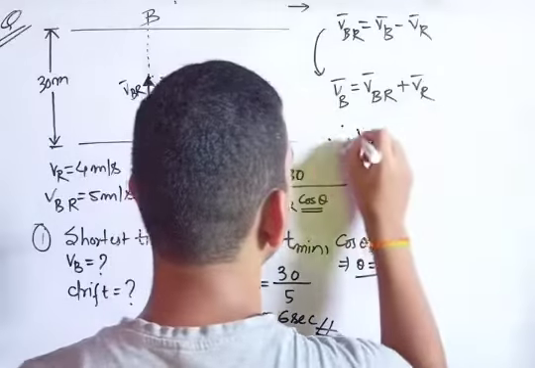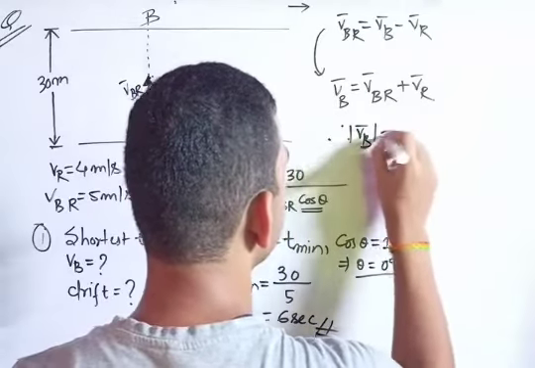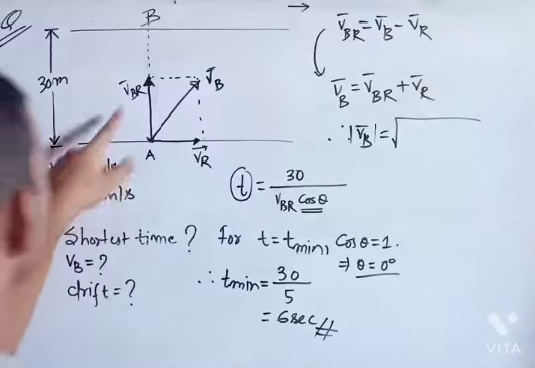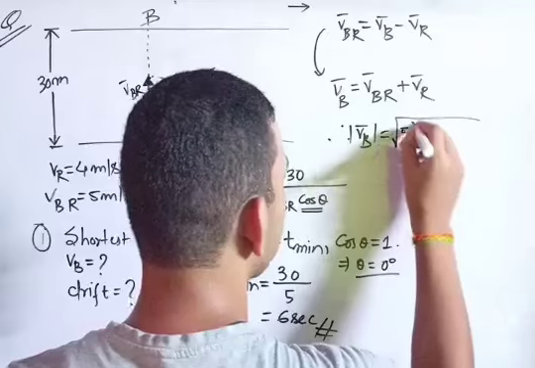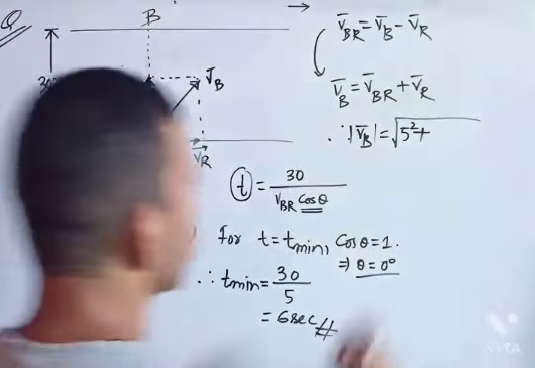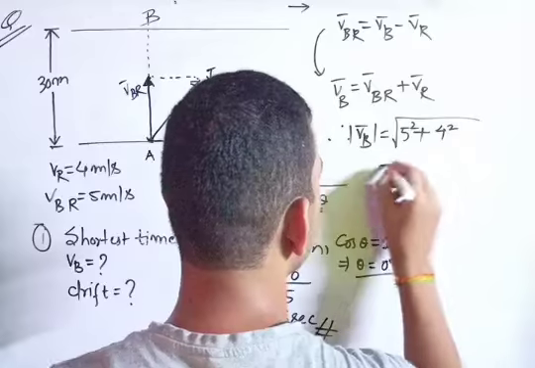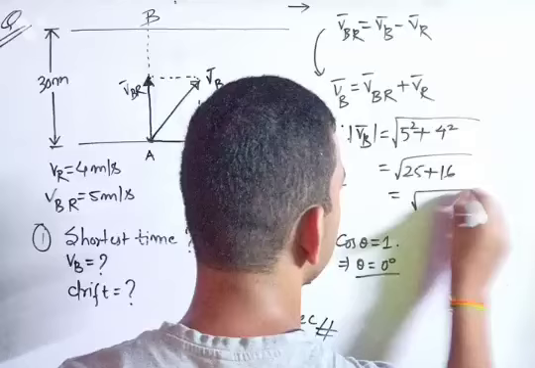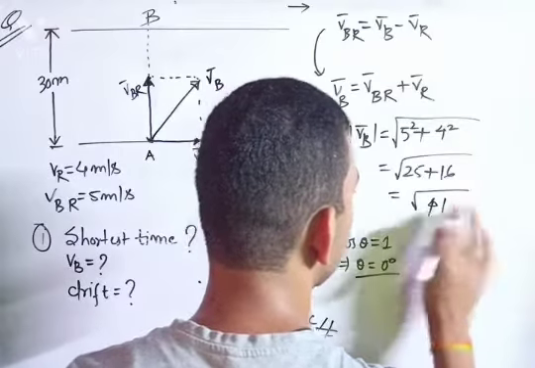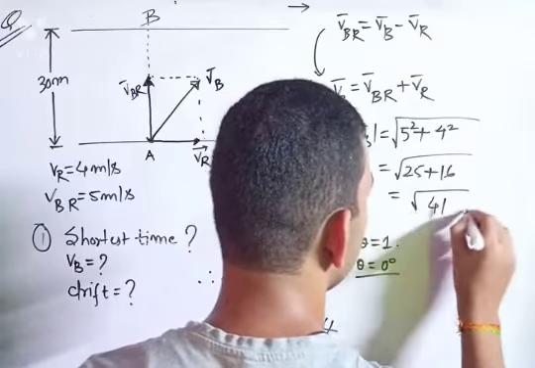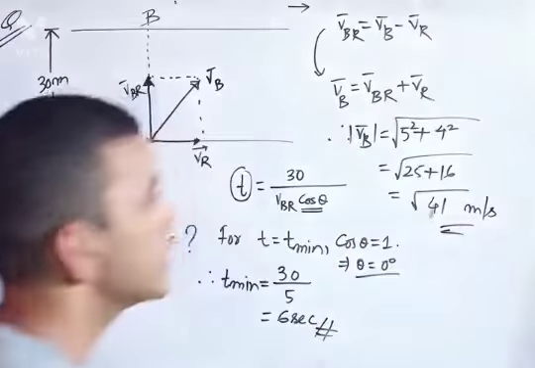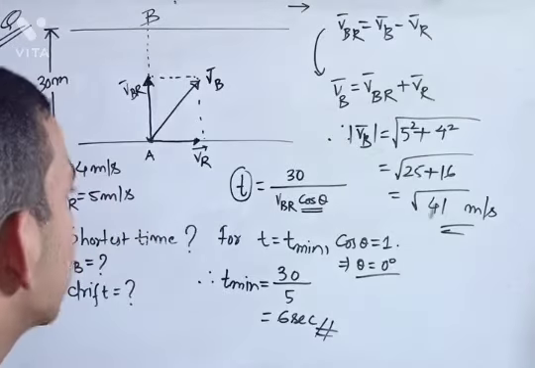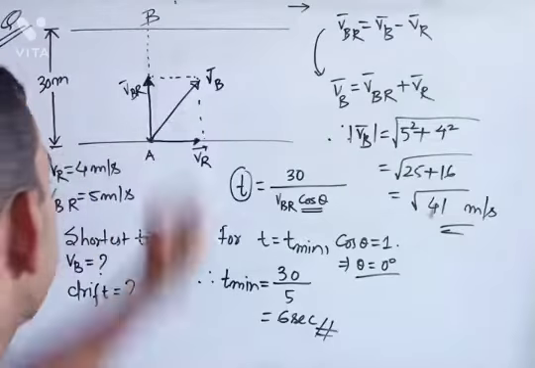Therefore we can write VB vector's magnitude as square root of VBR square plus VR square. Here VBR is 5, so 5 square plus VR square, which is 4 square. 25 plus 16, so root under 41 meter per second. This is the net velocity of the boat with respect to ground, and this represents the direction.